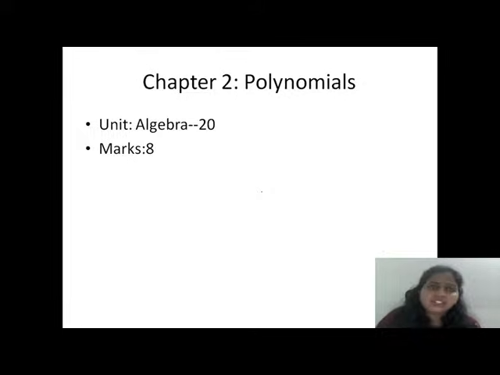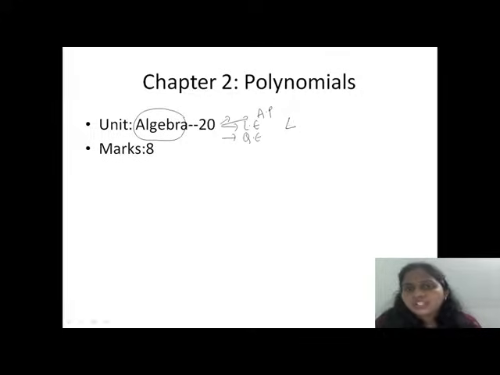Coming to the next chapter, that is polynomials. Actually we call it algebra. Algebra means we have polynomials and we have linear equations. We also have quadratic equations and also arithmetic progressions.